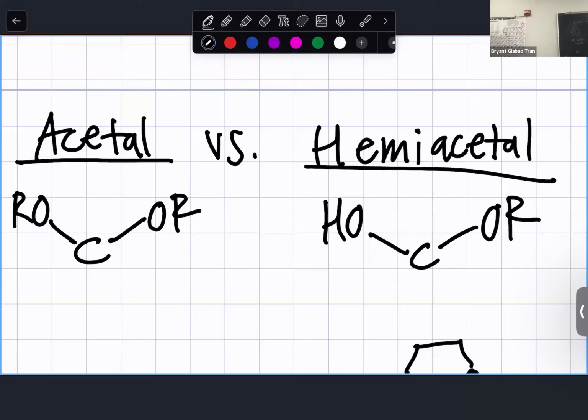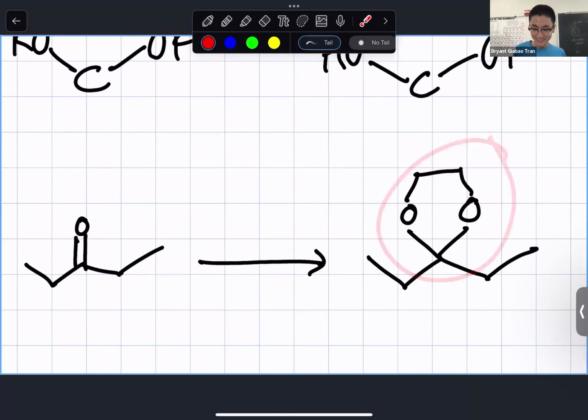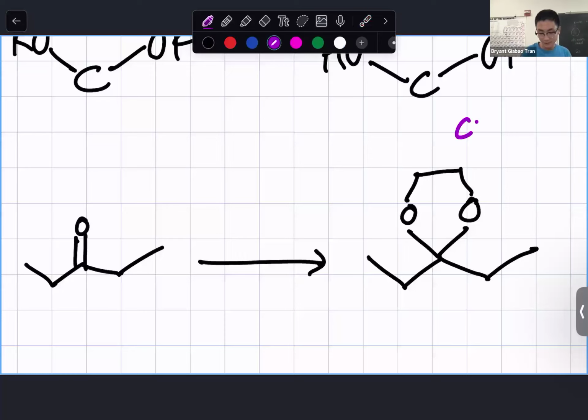Hemiacetal, half hemi, half OH, half OR. Okay, so what is this carbon here? Is this an acetal or a hemiacetal? Acetal, right? Because this carbon here has an OR, OR. Both of them are OR, so this is an acetal. And since it's cyclic, it's specifically a cyclic acetal.